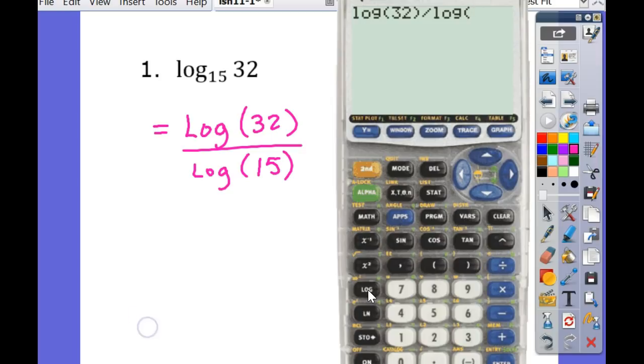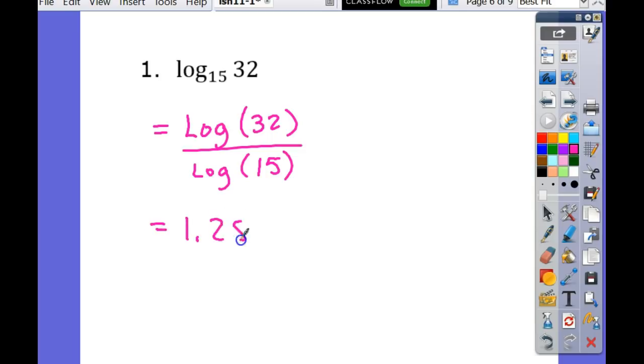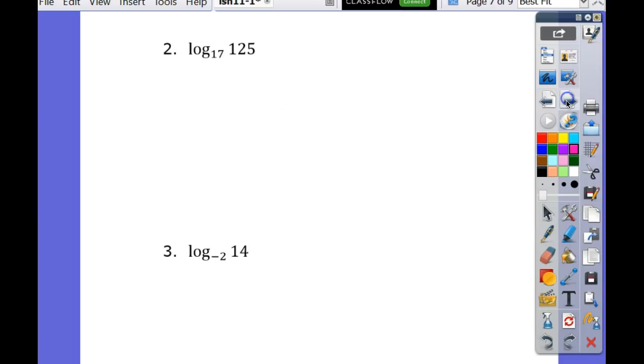Divided by log of 15. Round it to 3 decimal places. Equals 1.280. Approximately equal to, I should say, because it has been rounded off. You will put this in your calculator.